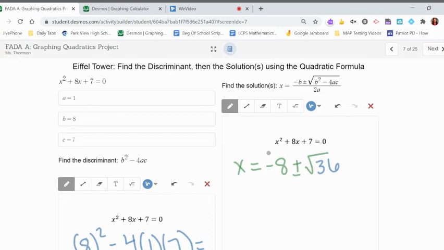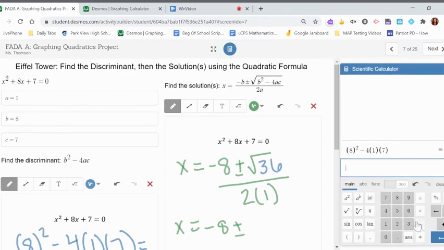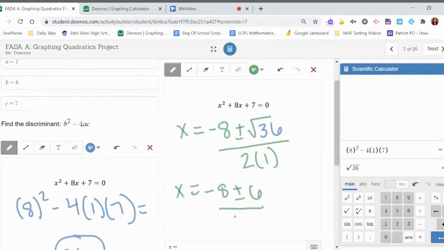That's what we just found over here, all over 2 times my a value, which is 1. So now I can simplify. Negative 8 plus or minus the square root of 36. You want to type that in here, square root of 36. It's a perfect square. I get 6 all over 2 times 1 is 2.